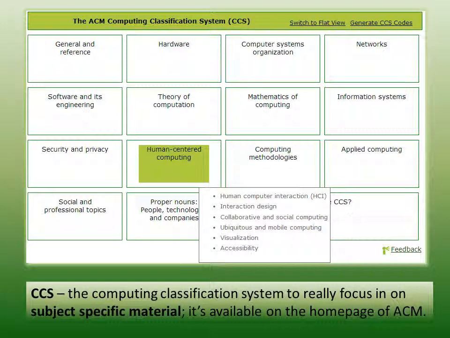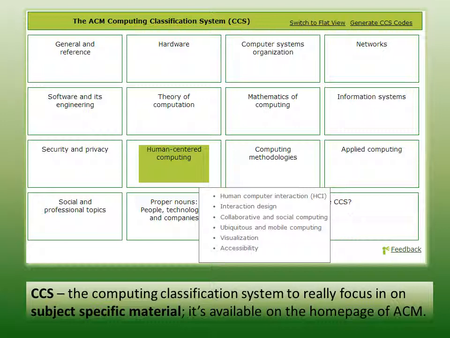Now here is our CCS, Computing Classification System. This is a great deep dive into when you know what you're looking for and what topic specific you're in. In this instance, we picked human-centered computing.